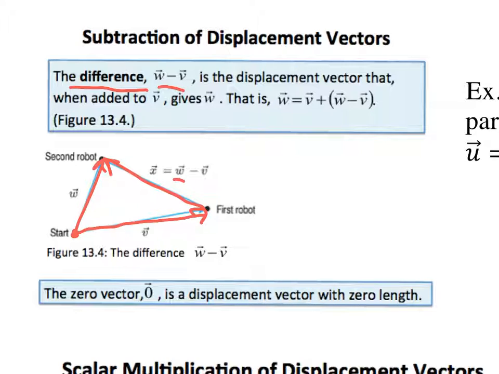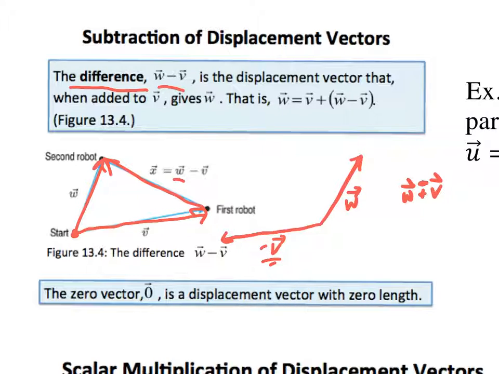The other way to do it is to say, okay, if I got my W like this, and then I'm going to subtract off my V. Subtracting the V means that I'm going to go in the opposite direction. So let's see if I can draw this fairly well. So now this is going to be the opposite of V. Now when we did this before, we said that we would add these two. And so this one is W, and so I want to do W plus, I'm sorry, plus a negative V. So here's my negative V here.